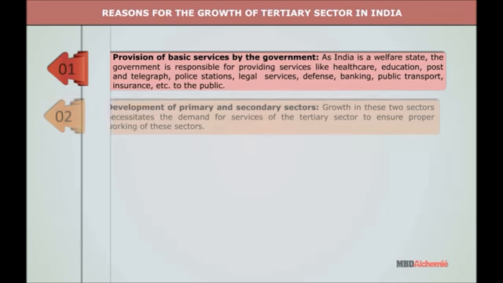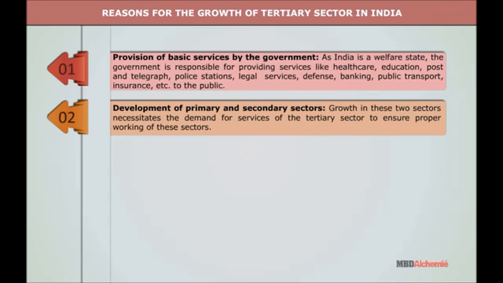to the public. Development of primary and secondary sectors. Growth in these two sectors necessitates the demand for service of the tertiary sector to ensure proper working of these sectors. Increase in income of the people.